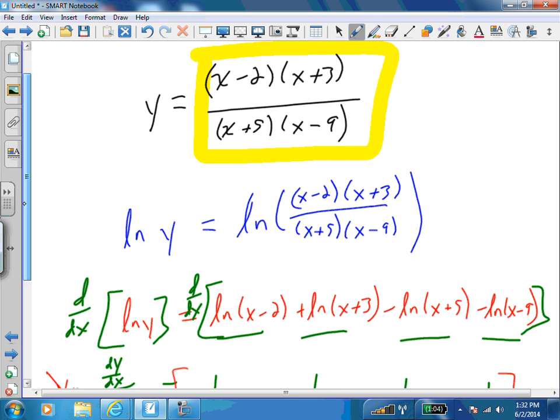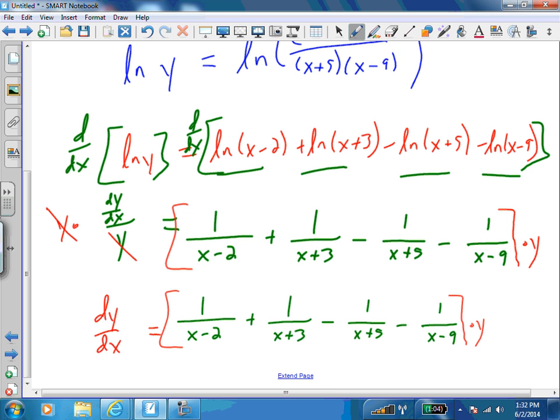So instead of calling it y, we're going to call it x minus 2 times x plus 3 over x plus 5 times x minus 9. That's our derivative.